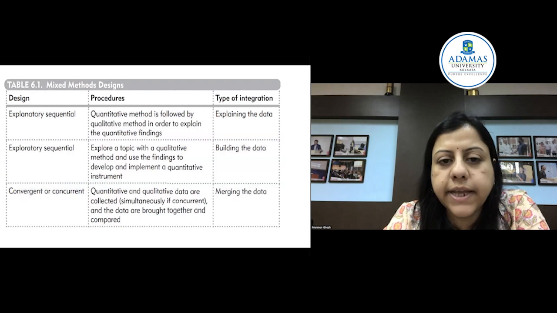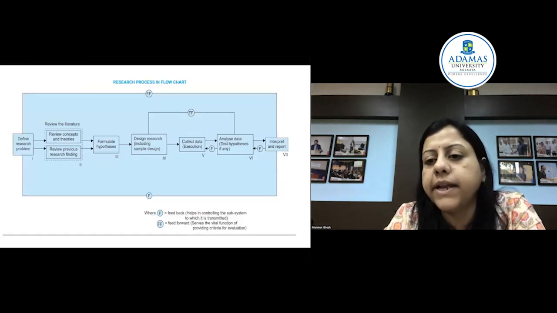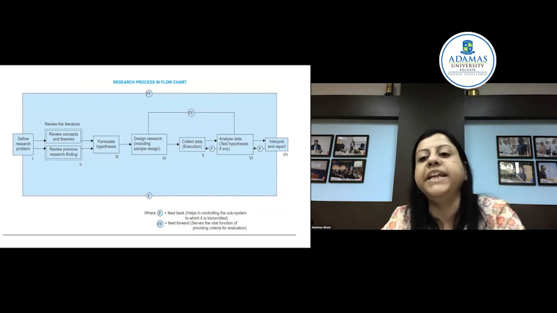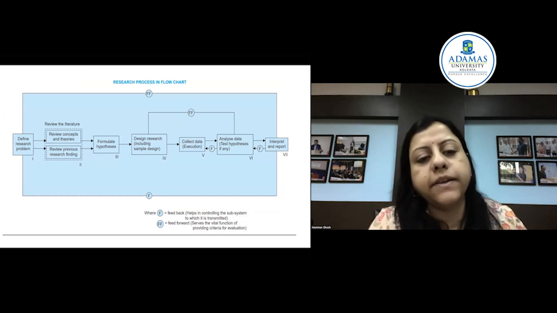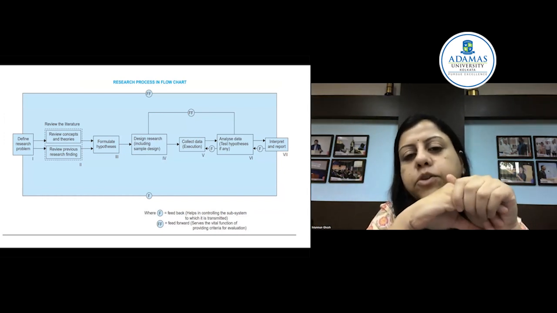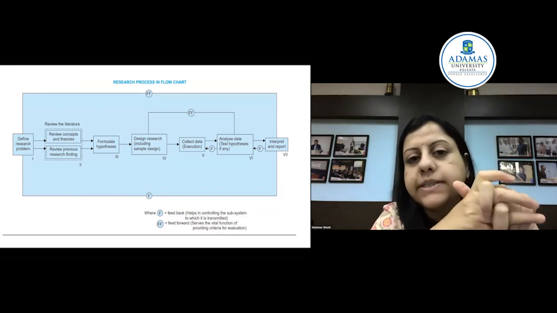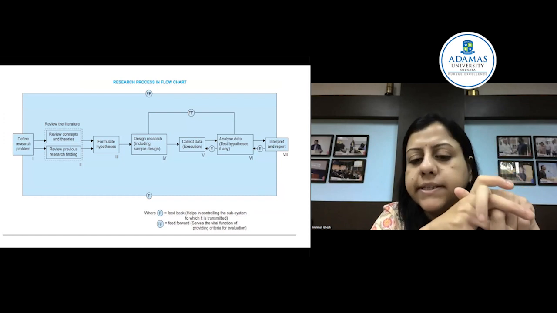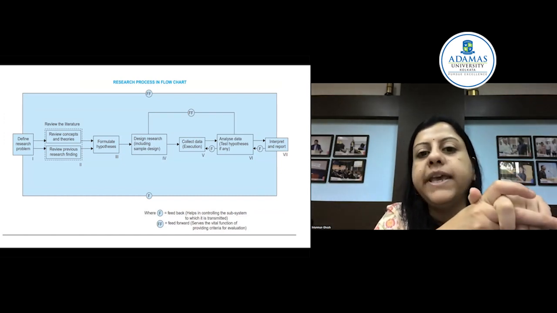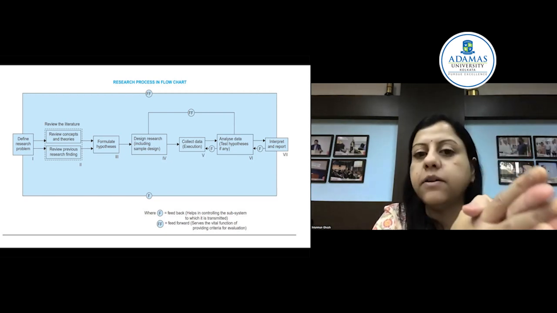Moving on to the next section, this is your entire research process in brief. When you are pursuing your PhD, these are the stages that you will go through. This research process flowchart is kept in mind considering that we are talking in this section about quantitative research methodology.